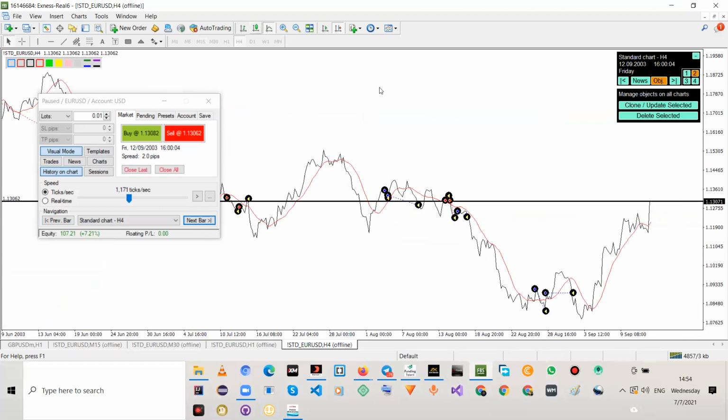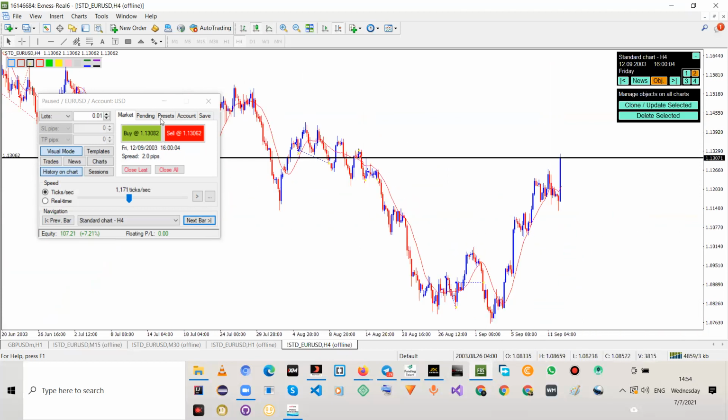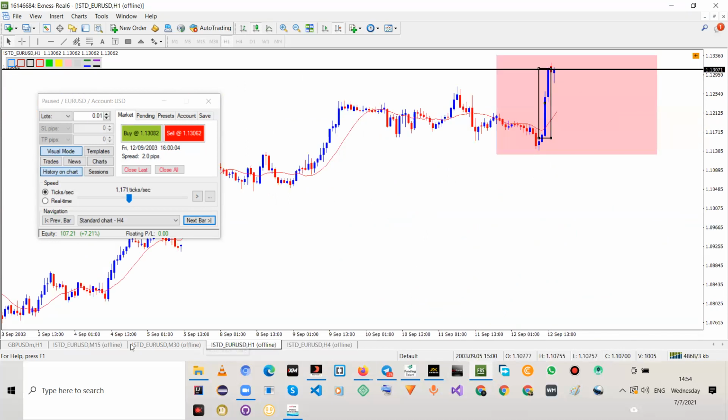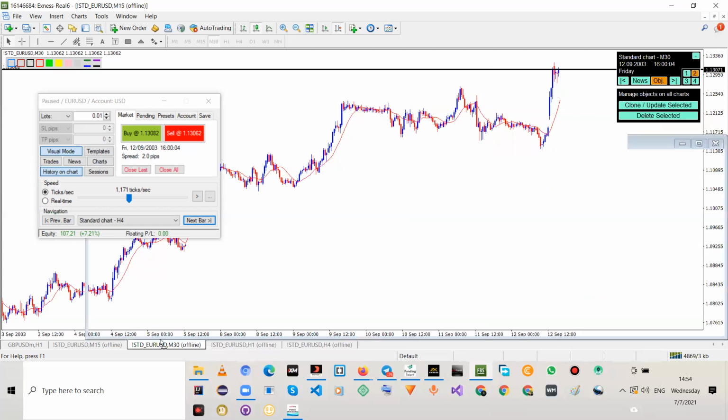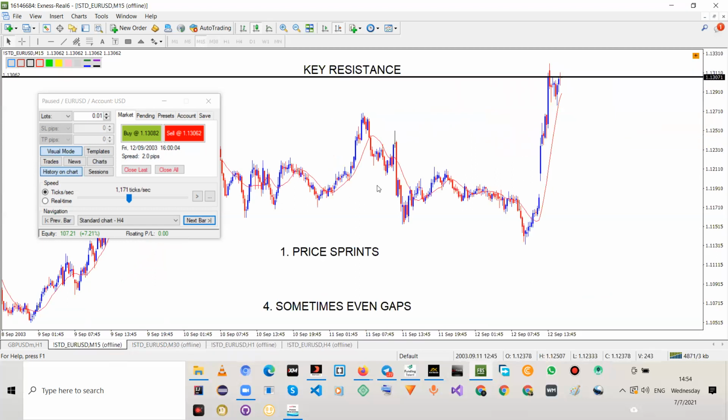This is a back testing software that I'm using right here. That's my key resistance all the way from H4. I have it on H1, M30, and M15. So that's my key resistance. Where did I put the other?